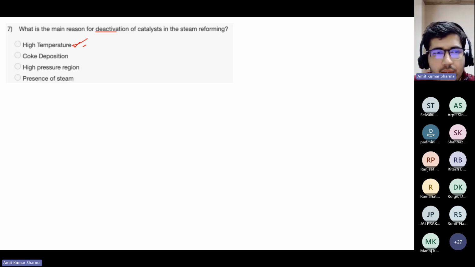Then the high pressure region, why is this option wrong? Erosion. Erosion, how?